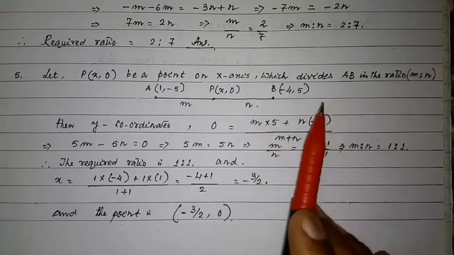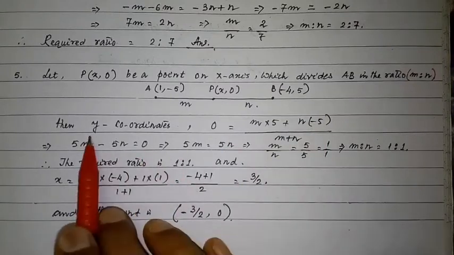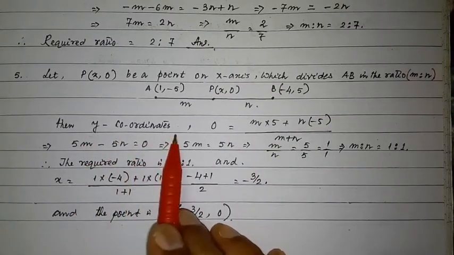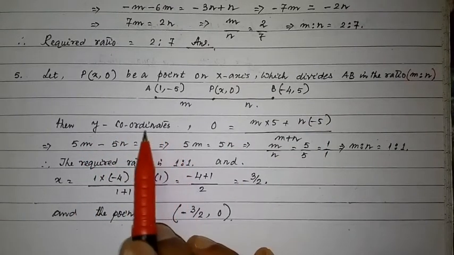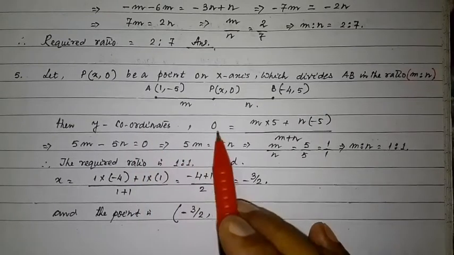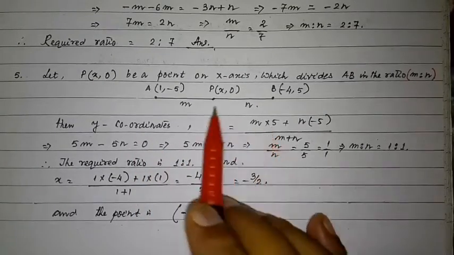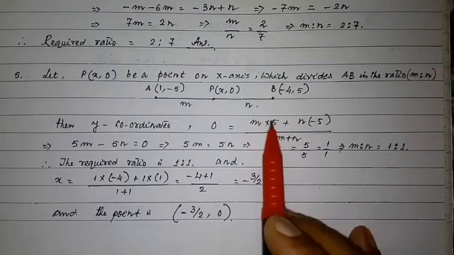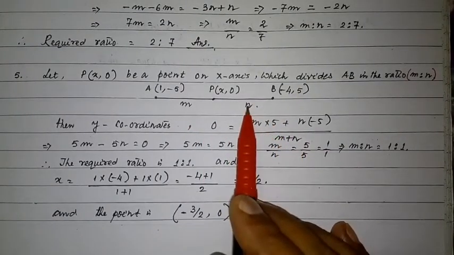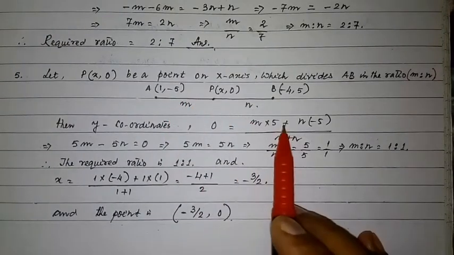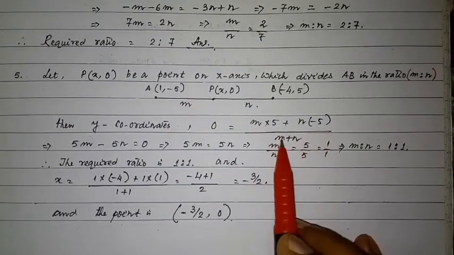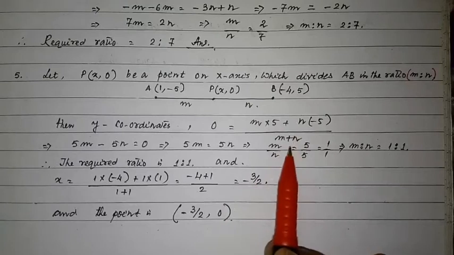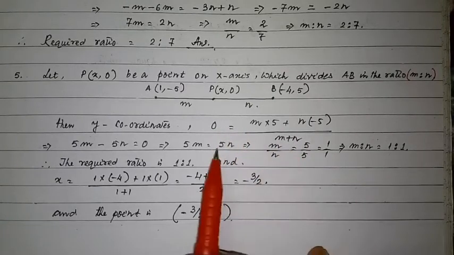This is supposed. Then we take the y coordinates. The y coordinate 0 is equal to (m y2 + n y1)/(m + n), that is m into 5 plus n into minus 5, by m plus n. Now cross multiplication: this into 0 means 0.